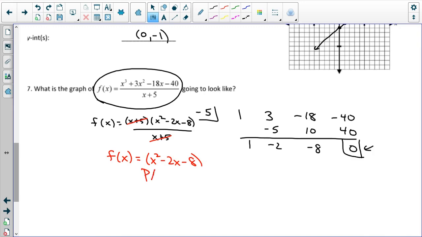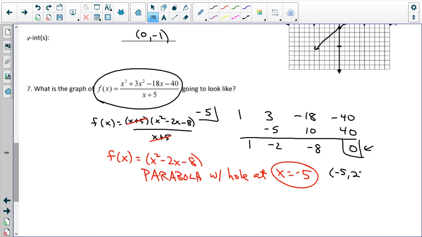This will look like a parabola with a hole at x equals -5. Now, the y value of that hole would be 27 if I substituted it in. So the hole, or the removable discontinuity, is actually at -5, comma 27.